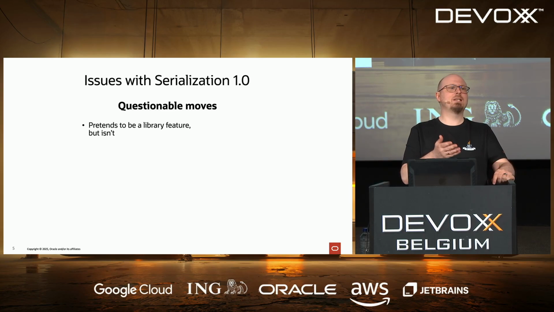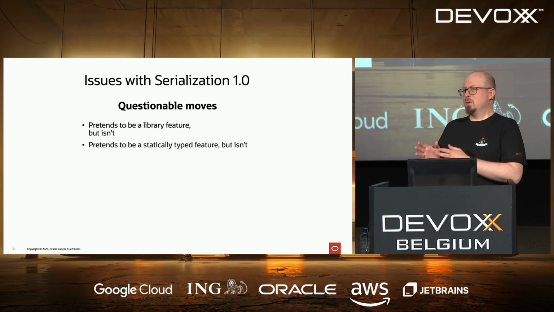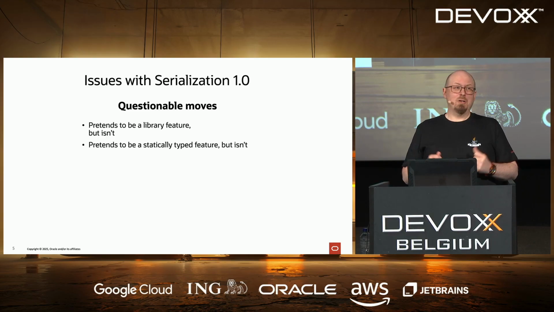I mean, transient is a language keyword, so it's sort of a language and library feature, but also it's not necessarily implemented strictly in the library either, because it sort of circumvents a bunch of things that we'll discuss later. So it's a weird kind of feature that you can't necessarily place anywhere. It also pretends to be a statically typed feature, like I implement serializable, but it really isn't.